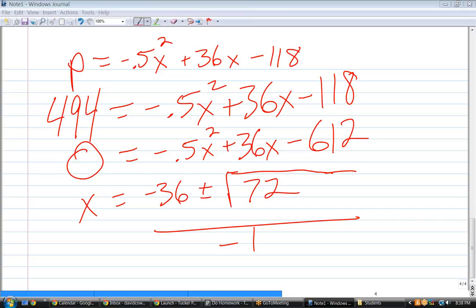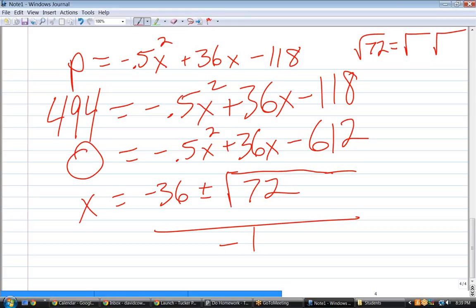Up here on the right, I'm going to write square root of 72. Can you think of any factors of 72 where one of them's a perfect square? Go through your perfect square numbers and see if any of them divide into 72. 4 does. 4 and 18. 4 does and 9 does. 18 does.